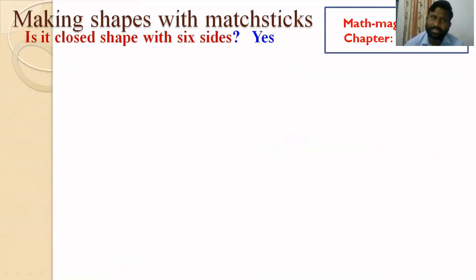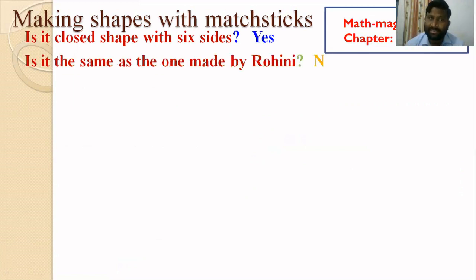Again, she asked the question, is it a closed shape with 6 sides? Yes, again, she has made a closed shape with 6 sides. Is it the same as the one made by Rohini? No, again different. Same thing, 6 sides, closed shape, but different.